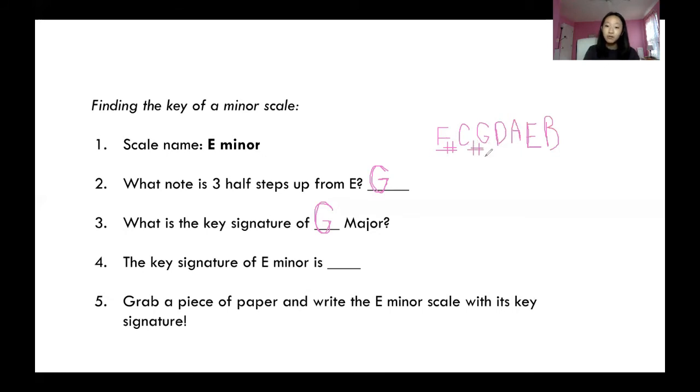But if we look through all of these sharps, we can wonder, which one of these is a half step below G? And we find that it's the very first sharp, which is F sharp. So that means that G major only has one sharp, which is F sharp. And so relatedly, E minor is the same.